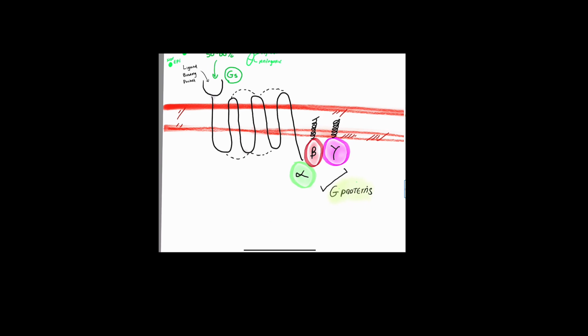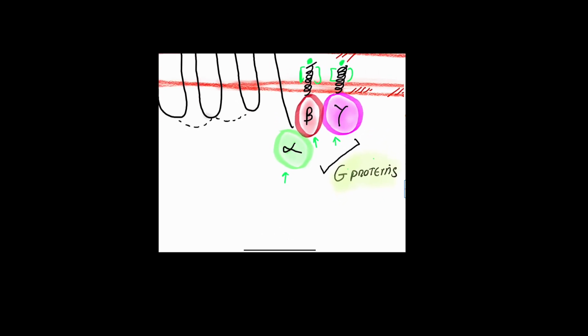So we have a trimeric protein cluster that is composed of an alpha subunit, a beta subunit, and a gamma subunit. And these are G proteins. The beta and the gamma are fixed to the membrane through these lipid anchors right here. They can be released and they can move, but we're going to focus primarily on the alpha subunit.